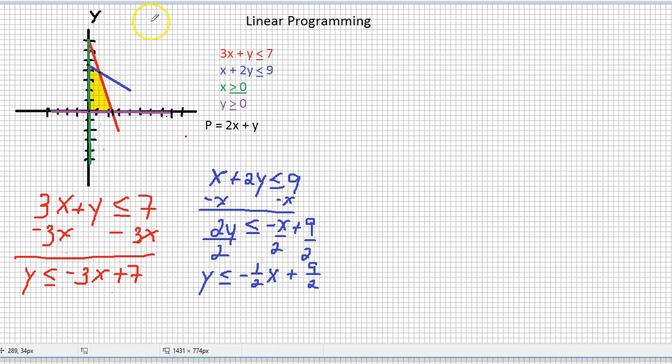The easiest vertex is this one right here, 0, 0. And then this one here, it should be 0. Let's see. No, it's 2, 4.